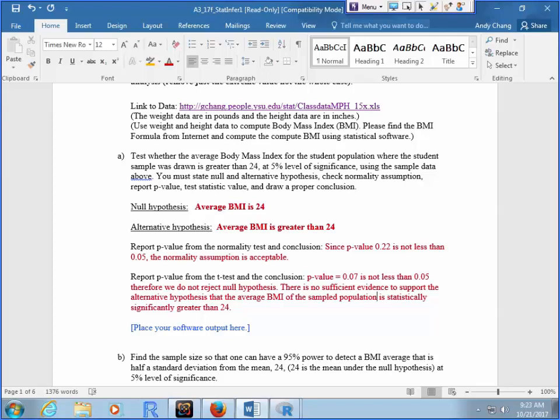So often these statistical tests are used in a sample of smaller scale, right? And the evidence shown with the sample size you have, going through this test, shows that the difference is not statistically significant, or the average is not statistically significantly greater than 24. Okay, so hope you know that, right?